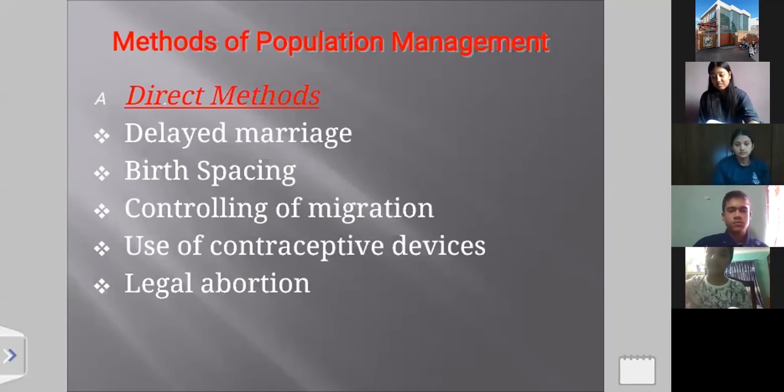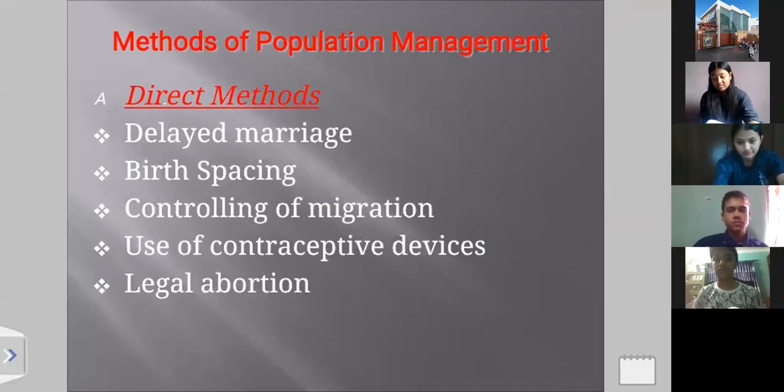Delay marriage means to marry at an appropriate age. Marriage is also one of the important parts of human life, and at the suitable age, the male and female engage in married life. But delay marriage is very useful. As I told you, at least 20 years for girls and 25 for boys is a suitable age to engage in married life.